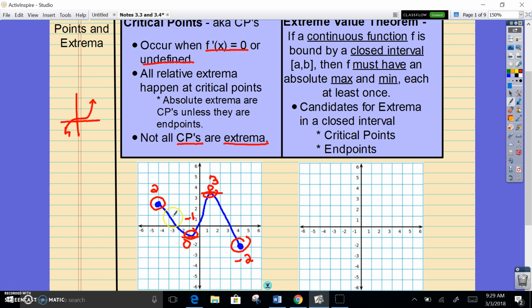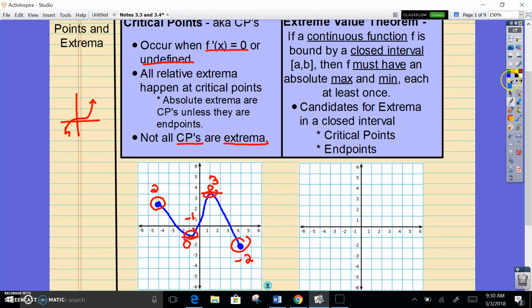So I'm going to take both the critical points and the endpoints, determine their y values and compare. Clearly the highest y value in this case is 3, so that's my absolute max, and my lowest y value is -2, so that's my absolute min.